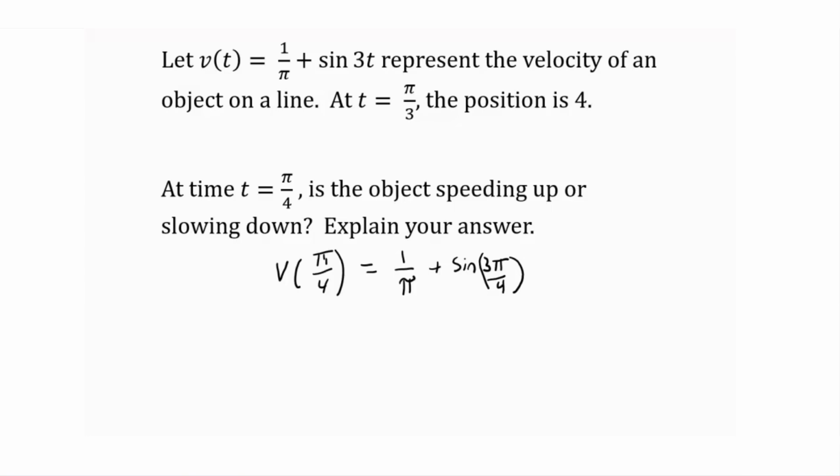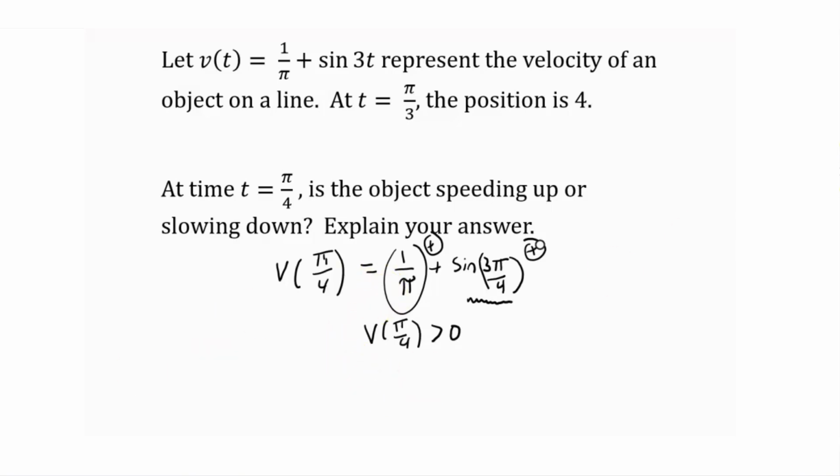The sine of 3 pi over 4 is in quadrant 2, so this value would be positive, and we know 1 over pi is positive, so that means that v of pi over 4 is greater than 0.